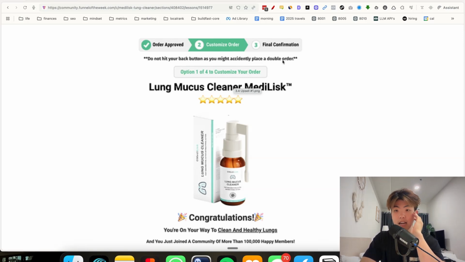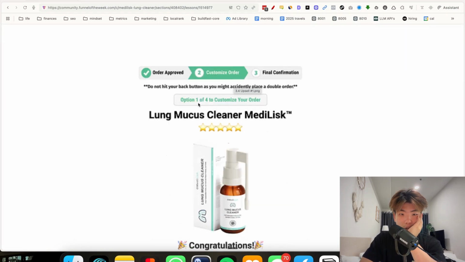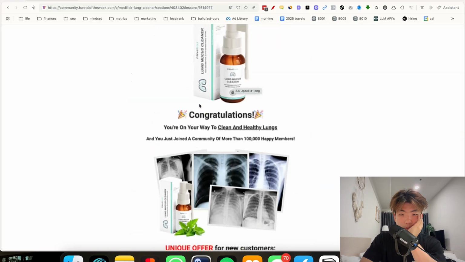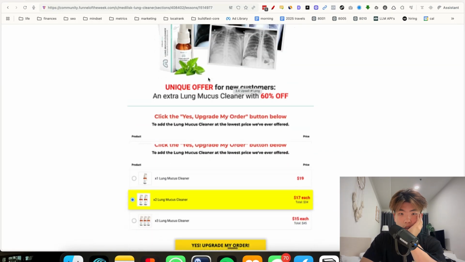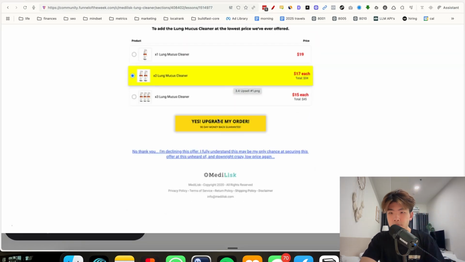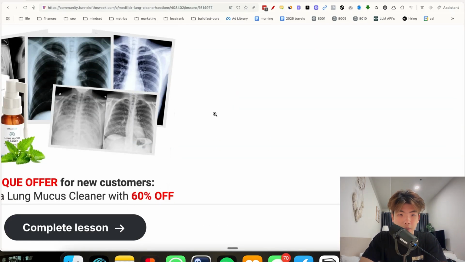I'm not sure if this is actually real or not, but it's pretty interesting for getting the person to not go back. They tell you what you got, and then give you a unique offer to buy more, just a one click upgrade.